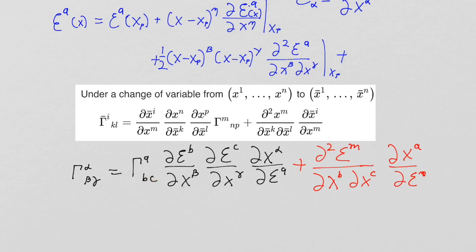Hold on. Let me get this right. This has got to be beta, and this has got to be gamma and M, and this A, of course, these are all Greek letters, right? So why do I have an A there? You have to have an alpha there. Okay, so that's going to work, right?